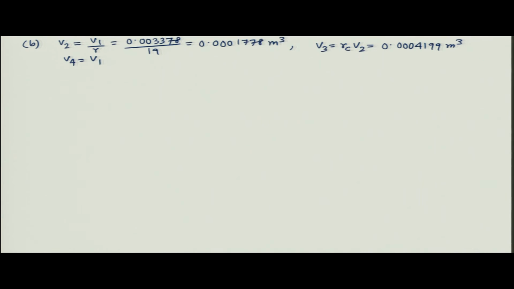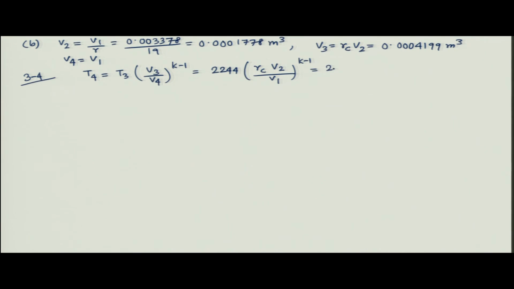Now, let us look at process 3 to 4, which is the isentropic expansion process. The temperature after the expansion, T4, should be equal to T3 multiplied by (V3 upon V4) to the power of k minus 1. T3 we already know, it is 2244 Kelvin.